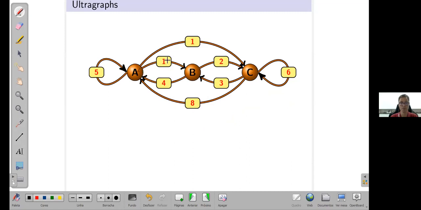So for example, here I have 2 edges labeled 1. In my path, I can follow 5, 1, 2 and 5, 1, 6, both allowed. But usually, instead of talking about labeled spaces, you say that the range of the edge 1 is a set, BC. So that's an ultragraph.